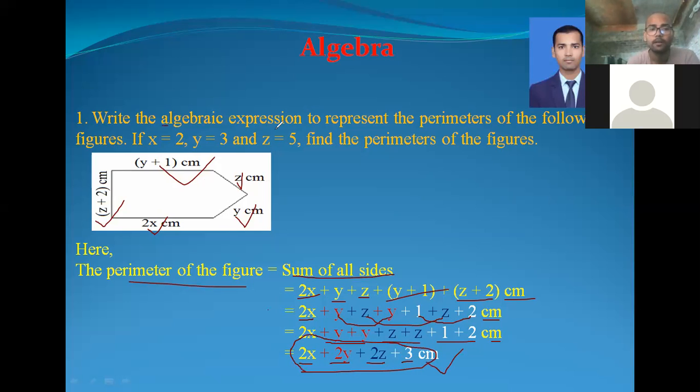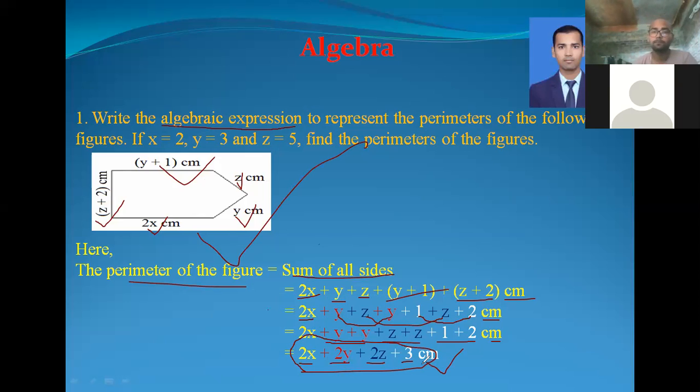That means we have formed the expression from the given figure, that is 2x plus 2y plus 2z plus 3 centimeter, which is the required algebraic expression that we need to form.